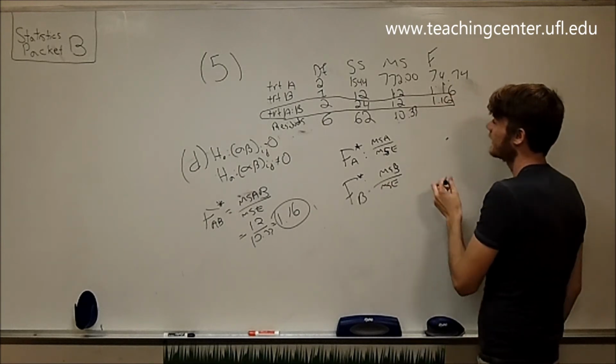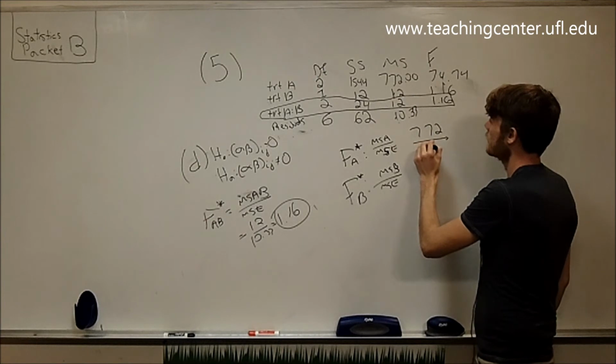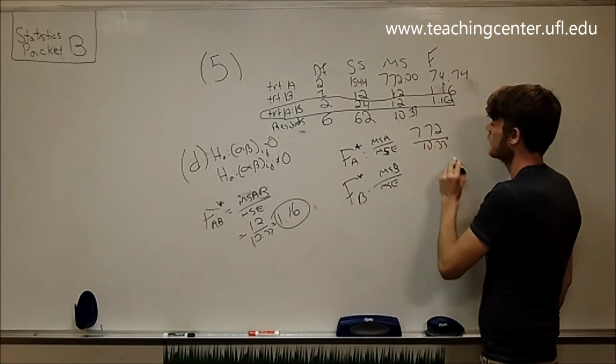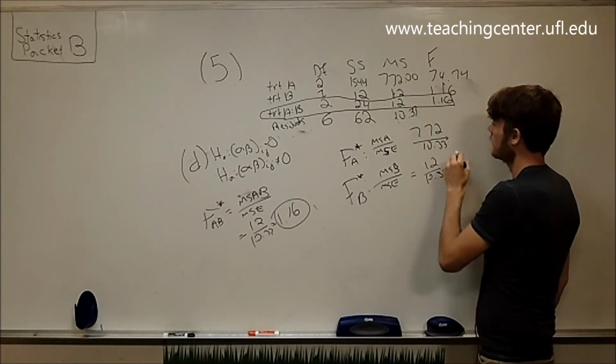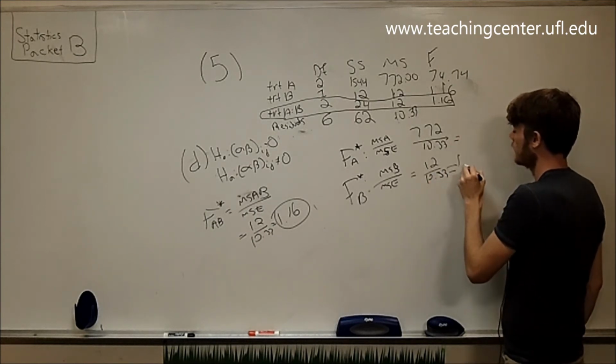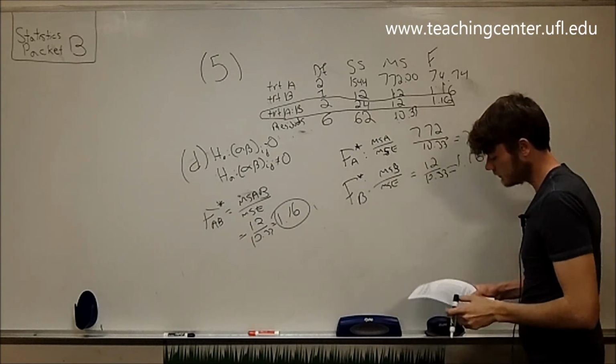That's just 772 over 10.33, and 12 over 10.33, which equals 74.74 and 1.16.